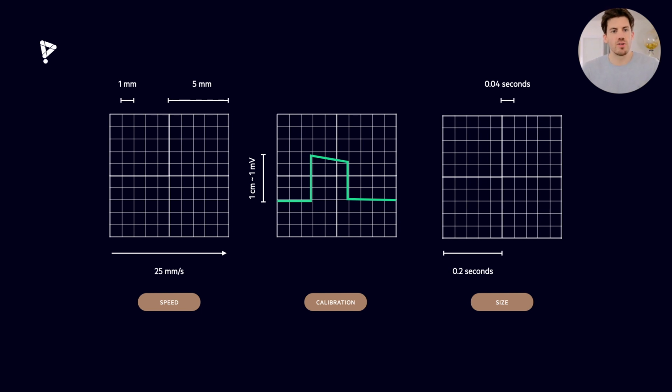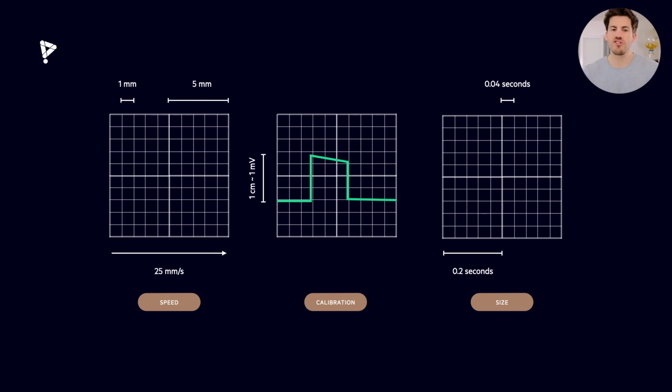Okay. So with the speed, the important thing to remember is the small squares on an ECG are 1 millimeter. And then the large squares, which are 5 small squares together, or a 5 by 5 square, are 5 millimeters. And then the ECG runs at 25 millimeters per second, which means that you'll go through 5 large squares for every second.